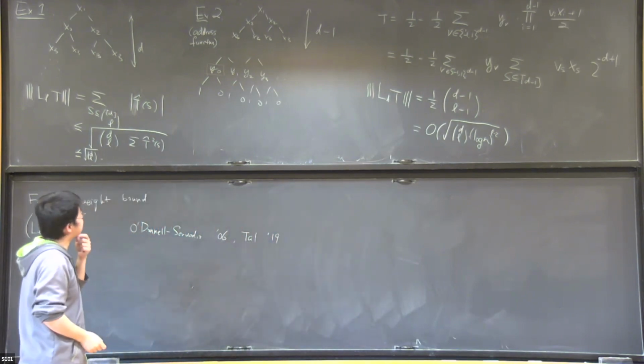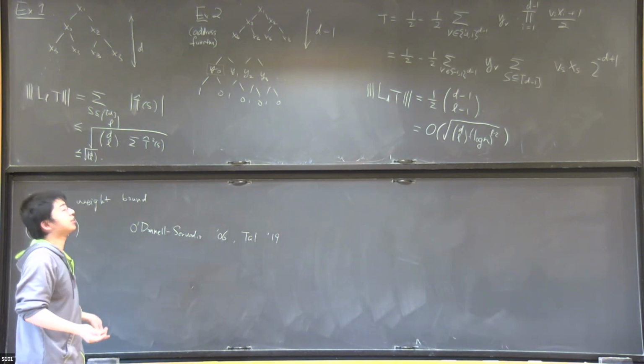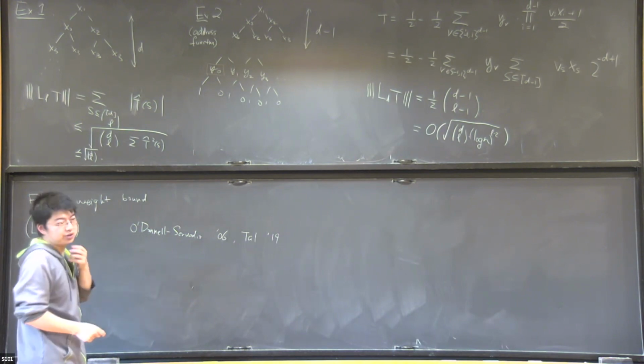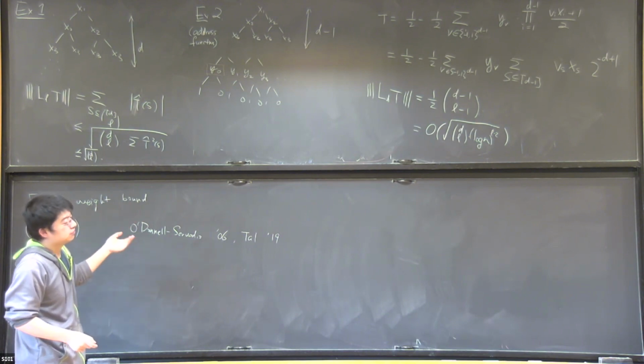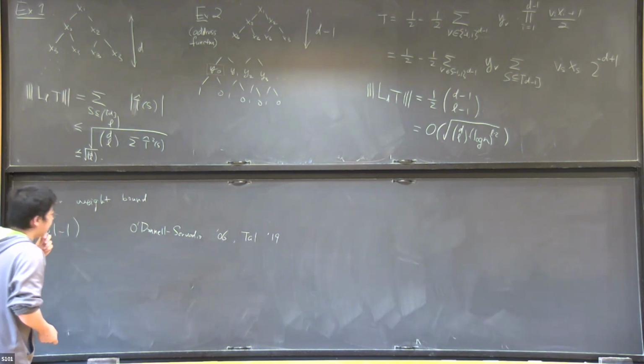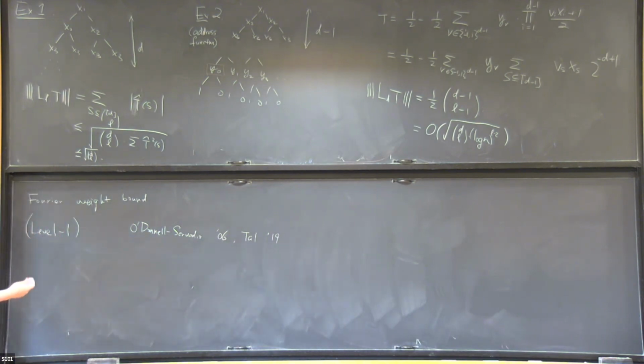But they don't need to consider the density of the tree. Their application is to learn monotone decision trees, and for monotone decision trees, the sum of the level 1 Fourier coefficients is just the influence. The general case, by general I mean with the parameter of density, was studied by Tal first. But the idea is essentially the same.